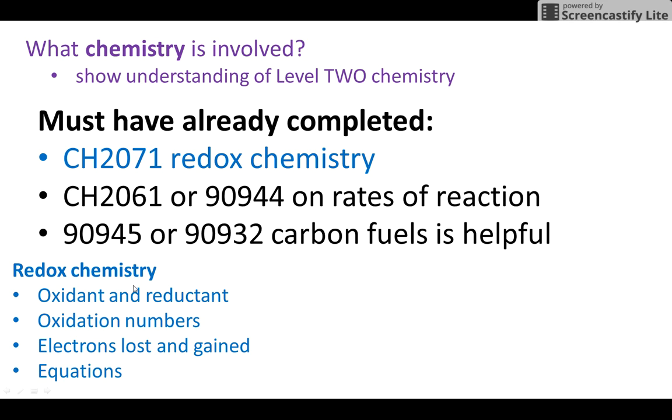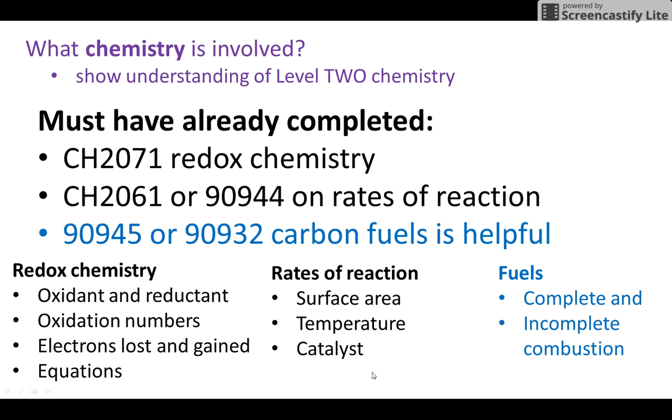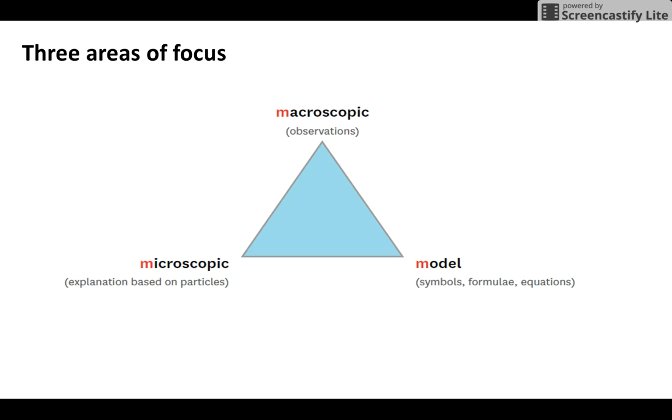So redox chemistry, you have to know about oxidants, reductants, how to work out oxidation numbers, what they mean, how you work out electrons lost or gained in equations. Then rates of reactions, you'd need to think of the surface area, the temperature, the catalysts, and then fuels, as I said, complete and incomplete combustion is worthwhile knowing about and being able to talk about it.